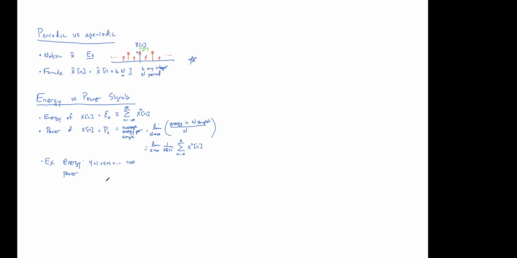That's the energy in the first 2 samples, which is 4 plus 1, over 2 samples. So that's going to be 5 over 2. And if we took the first 4 samples, that would be 4 plus 1 plus 4 plus 1 over 4 samples, and that's again 5 over 2. So in the limit, as we find the energy in infinite samples divided by that very large number, we end up with 5 over 2.